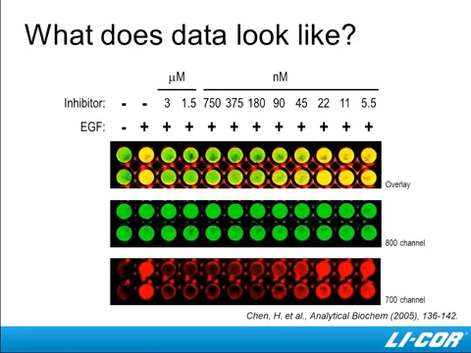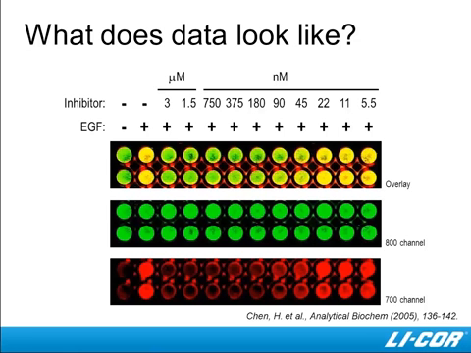When we add a high level of inhibitor, we block that phosphorylation, and then as we titrate out the inhibitor, we regain levels of phosphorylation. Now with Odyssey software and Image Studio software, you can either look at these two signals separately, as shown on the bottom, or you can overlay the two channels and easily tell what is phosphorylated and what's not.